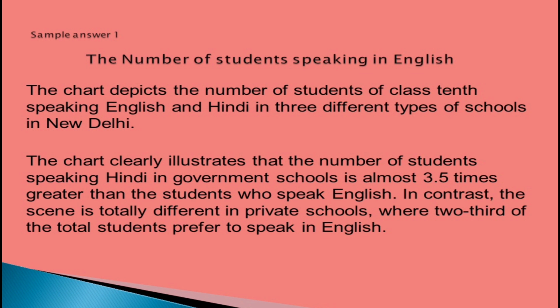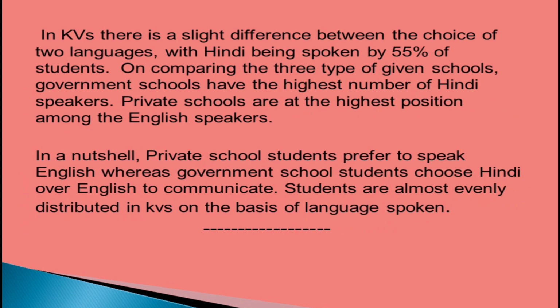In contrast, the scene is totally different in private schools, where two-thirds of the total students prefer to speak in English. In KVs, there is a slight difference between the choice of two languages, with Hindi being spoken by 55% of students.